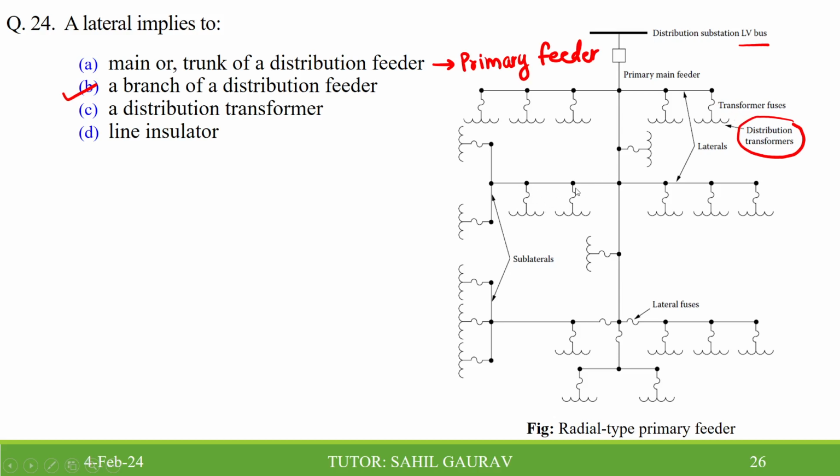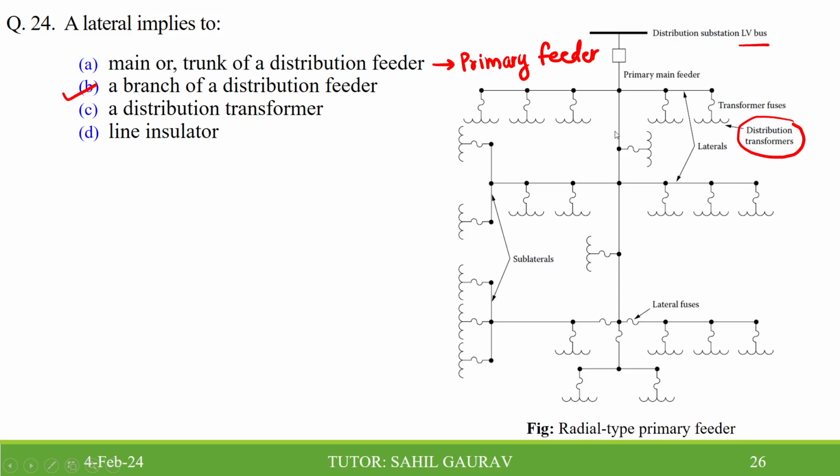When these laterals are divided into several branches, we call them sublaterals. Where fuses are connected, we call them lateral fuses, sublateral fuses or transformer fuses accordingly.